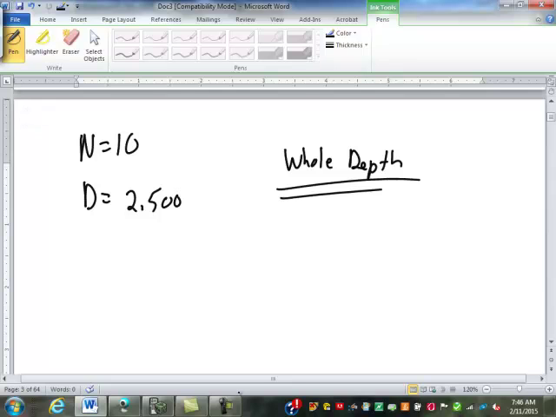So let's look up a formula for whole depth. The formula for whole depth, that's the WD, is, well, we can either have the circular pitch, we have the pitch, or the addendum and dedendum.